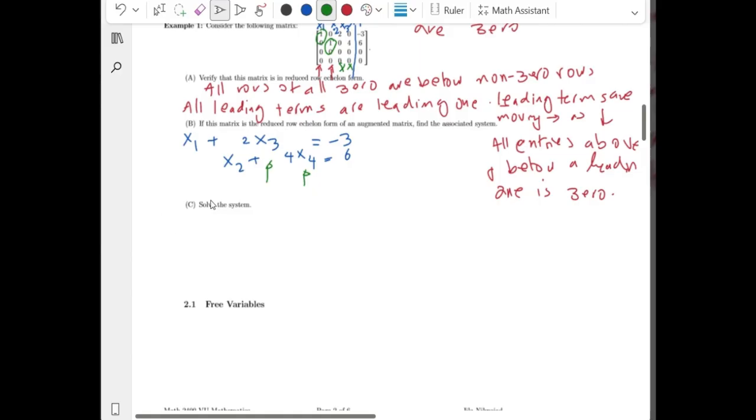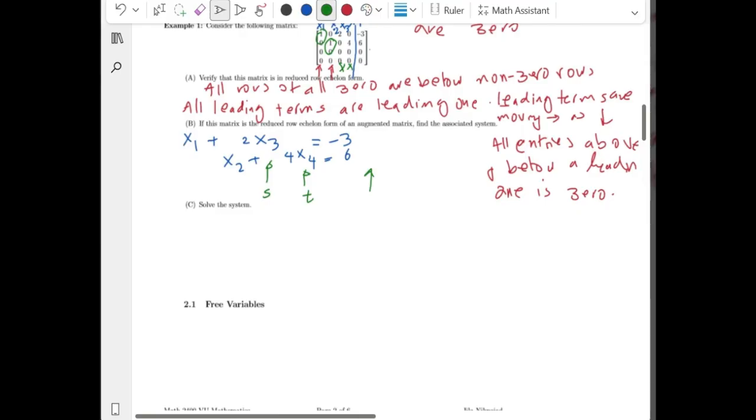It's another word for independent variable. So what I'm going to do is assign a parameter to each of them. For x3, I go s. For x4, I go t. And then I solve for the other variables. And I start from bottom to top, always. In this case it doesn't matter, but a lot of times it does.